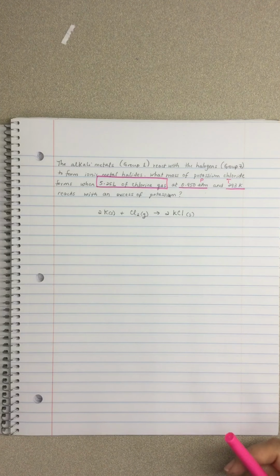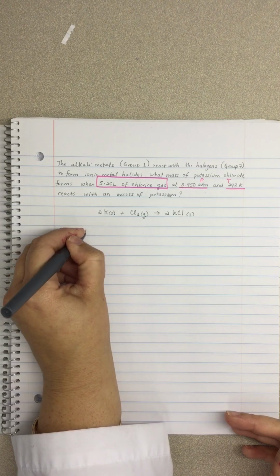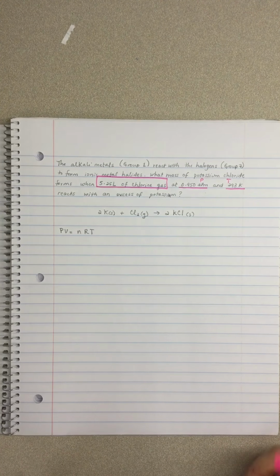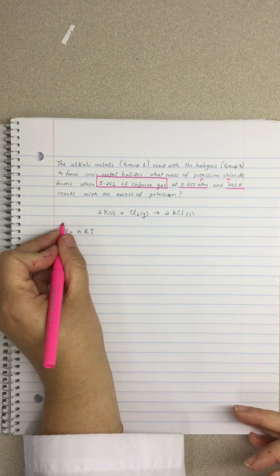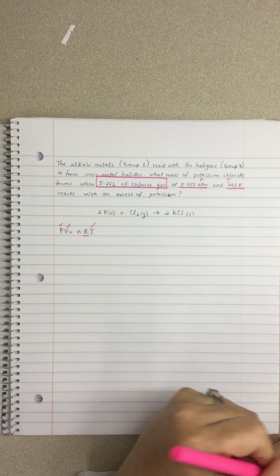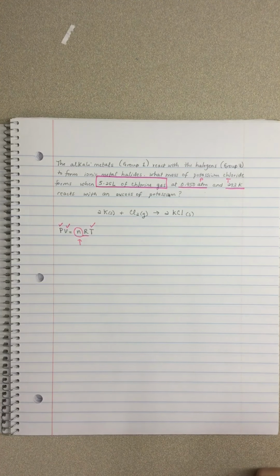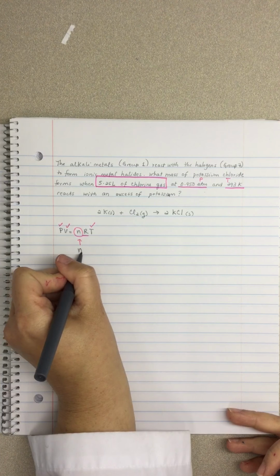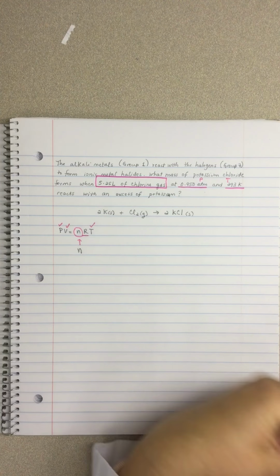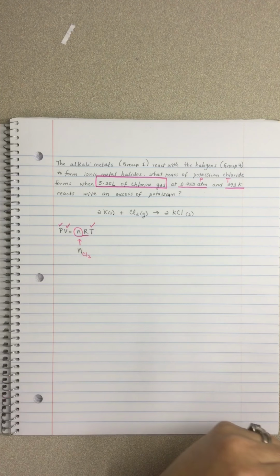Okay? So you have a pressure, you have a temperature, and you have a volume. So you can actually calculate the number of moles, because from this equation, you have your pressure, you have the volume, you have the temperature, and you know that number, so you can get n. The n that you can calculate right there is n for chlorine gas, Cl2.